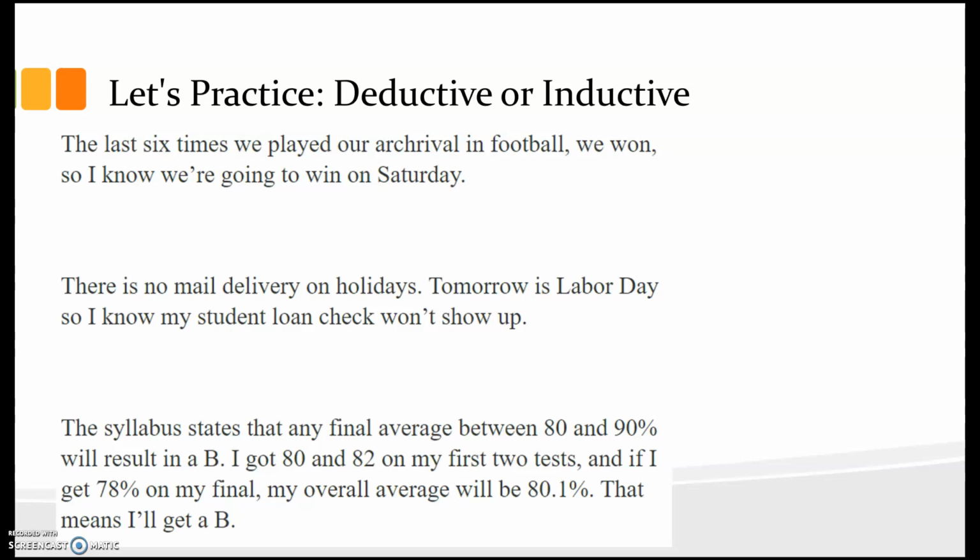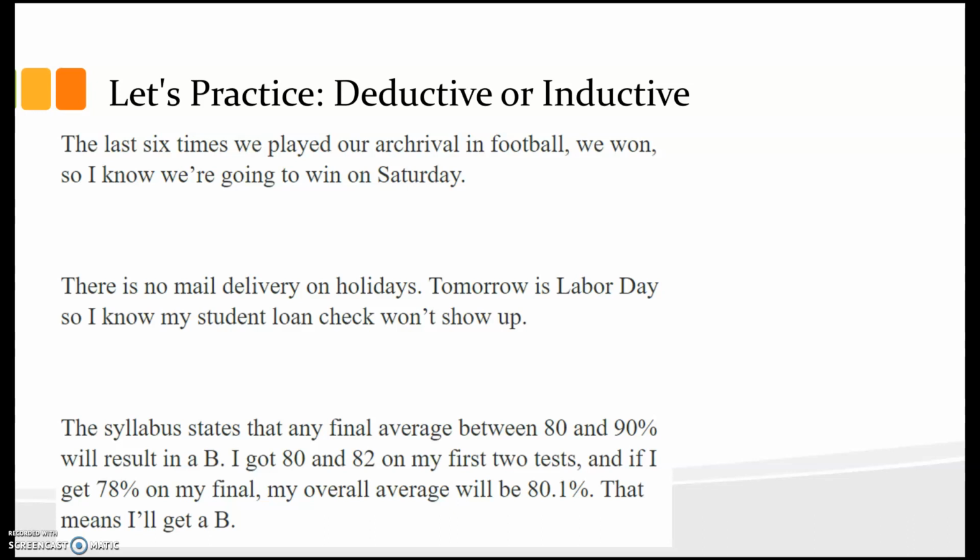For the third one, it says the syllabus states that any final average between 80 and 90% will result in a B. I got 80 and 82 on my first 2 tests, and if I get 78% on my final, my overall average will be 80.1%.